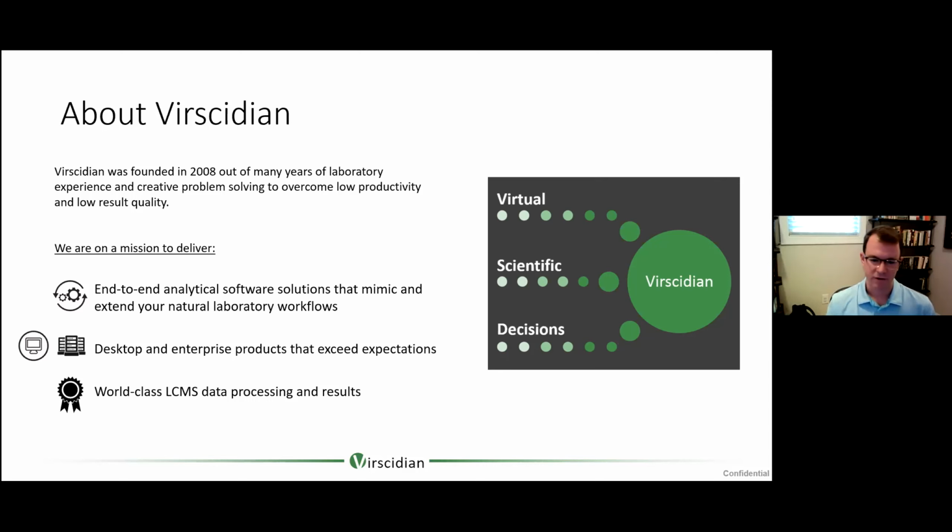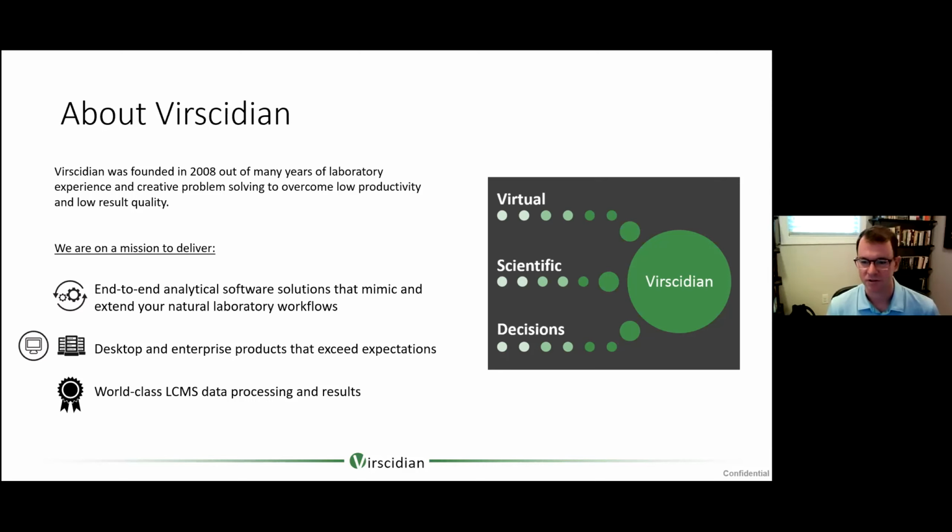The founders of Virscidian became very passionate about helping scientists overcome these problems and provide software solutions that offer real benefits in quality and efficiency. And Virscidian is still passionate about those same exact things.